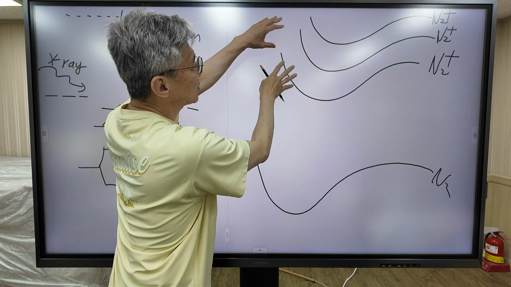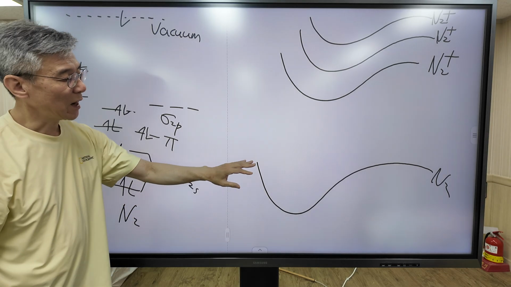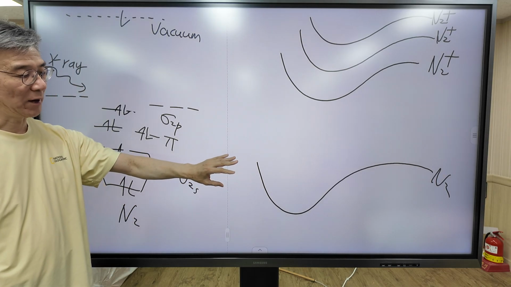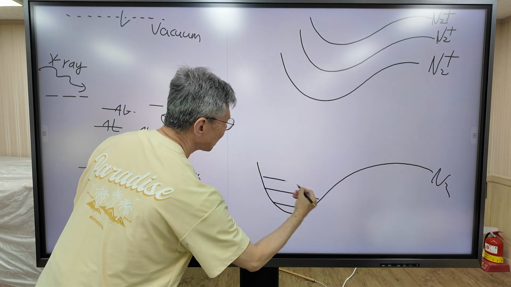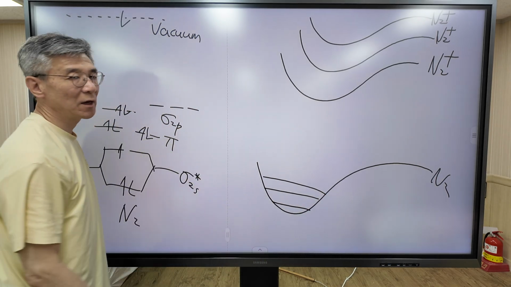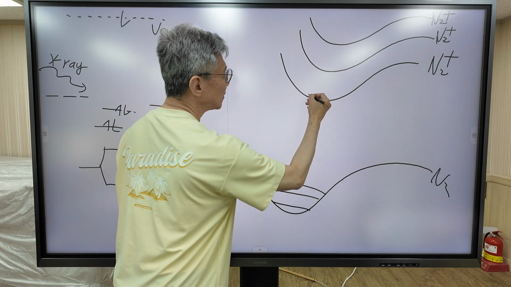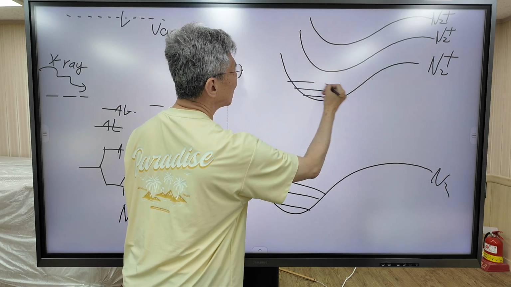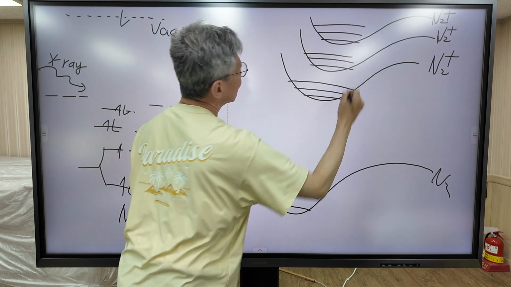This is the potential energy curve of N2 plus. And on top of each potential energy curve, we have vibrational energy levels. The cation can also have vibrational motion. So on each curve, we can draw vibrational energy levels.